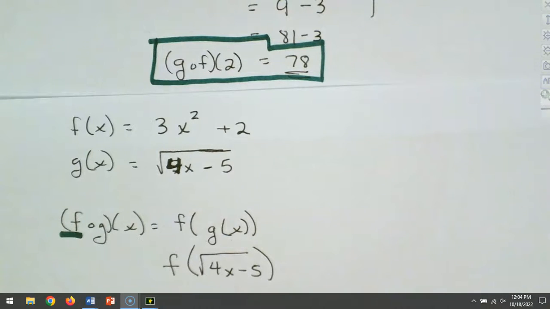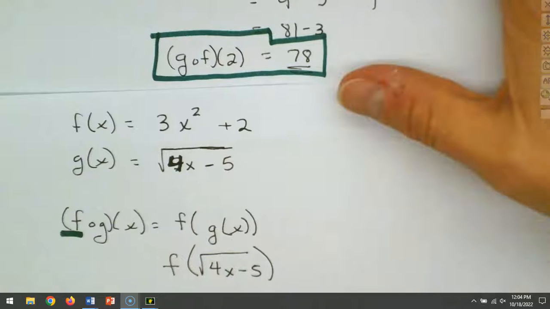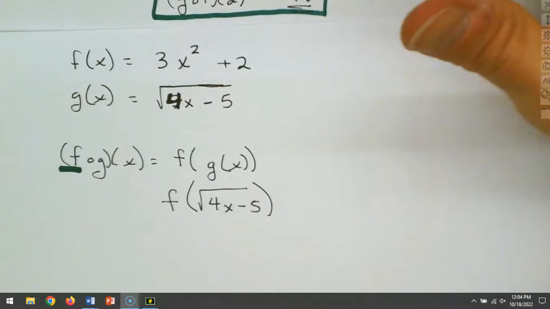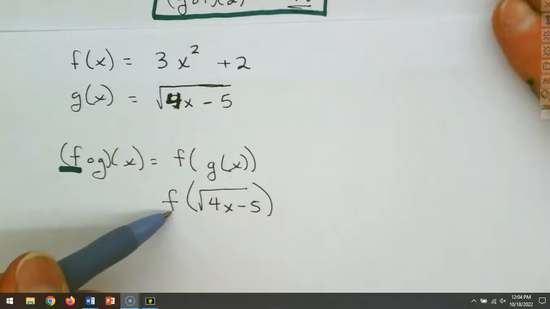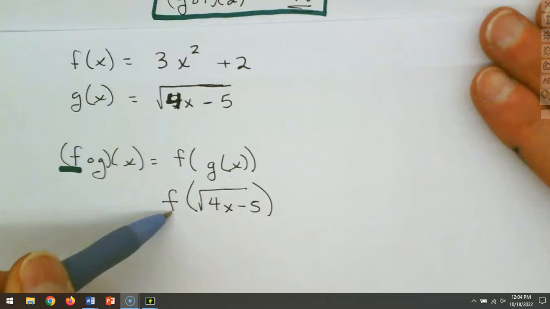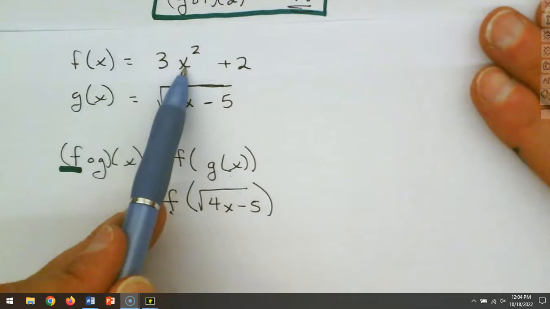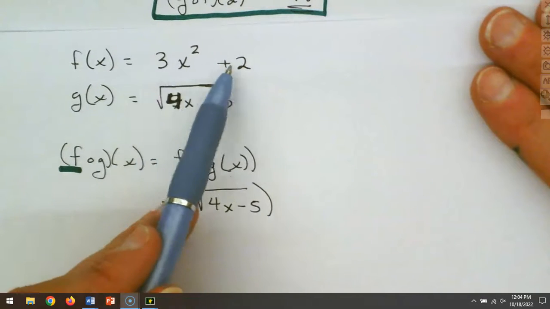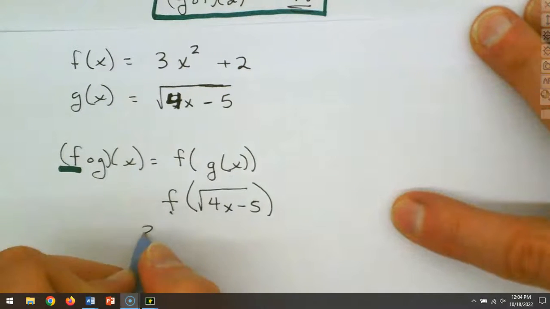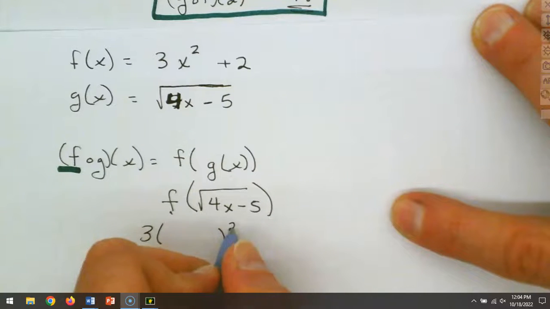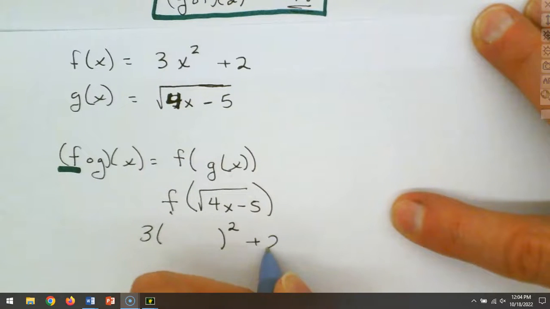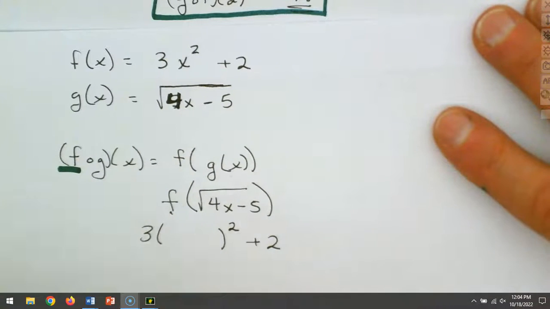Now, what function are we working on next? What's left over? F. Okay, and what was our f function? It was 3x squared, right, plus 2. So let's rewrite this with parentheses. And what's going to go inside of the parentheses?